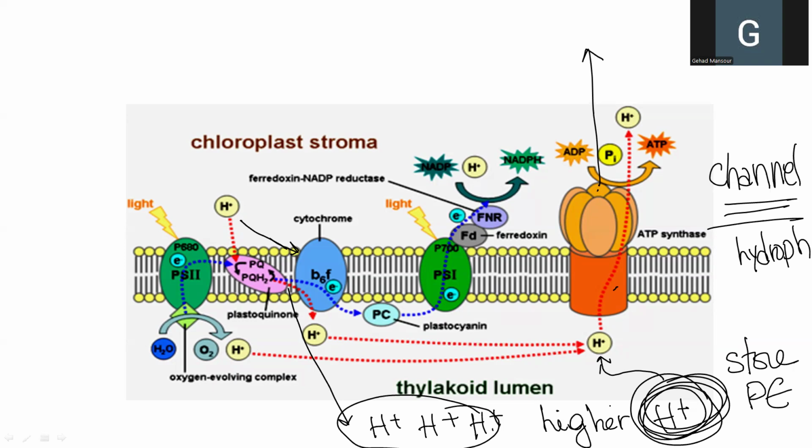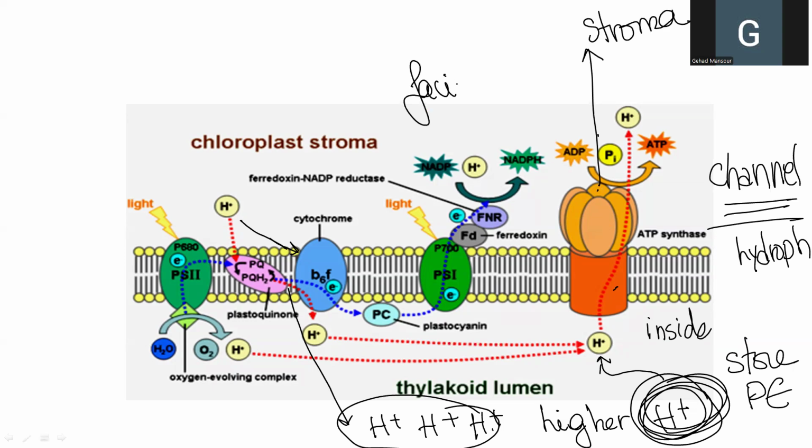So once they find a channel for them, they will diffuse down the concentration gradient from the inside of the grana or the thylakoid to the stroma of the chloroplast or to the outside.